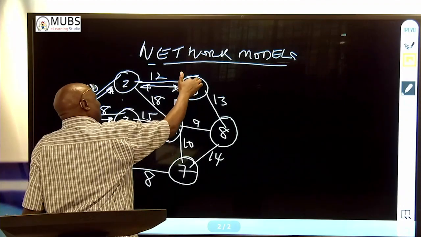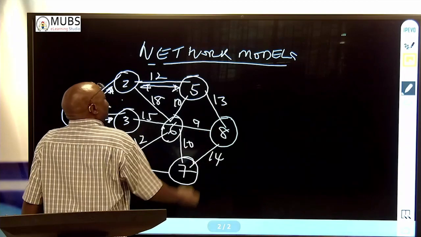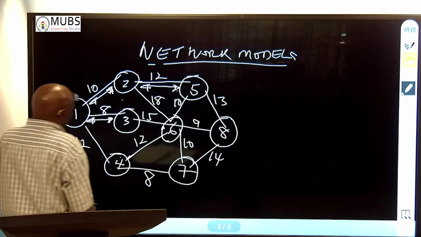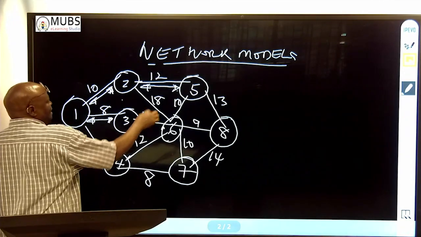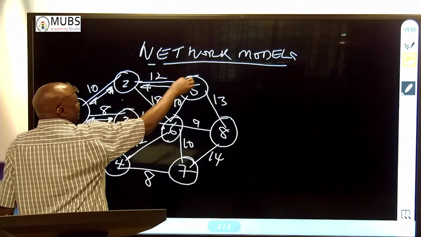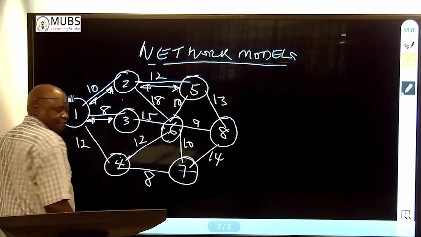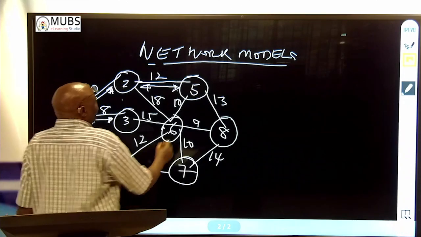If we connect 5 to 8, it would give us 13. Comparing 12, 15, 18, and 13, 10 is the cheapest. So we could connect these two.